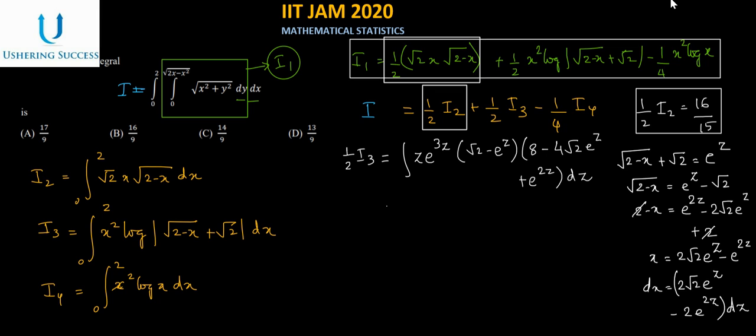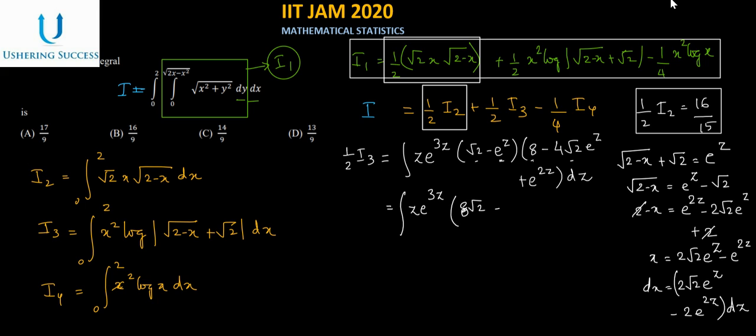which can be written as integral z e to the power 3z into 8 root 2 minus 4 root 2 e to the power z into root 2, which would be minus 8 e to the power z, and then I have 1 e to the power z into 8 here. So this into this and this into this gives me two terms which have e to the power z, and their coefficients are minus 8.